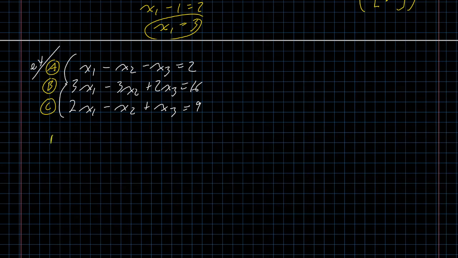Maybe I'll take equation B and subtract twice equation A from it. So if I leave equation B alone, I'm sorry, I'm looking at the wrong thing. I want to subtract 3 times equation A from equation B. So leave equation B alone, multiply equation A by 3, well, by -3.